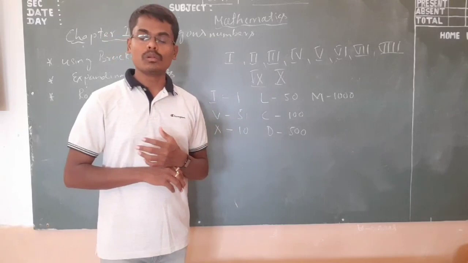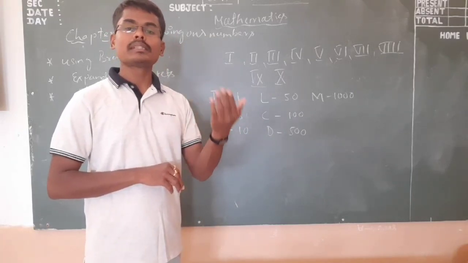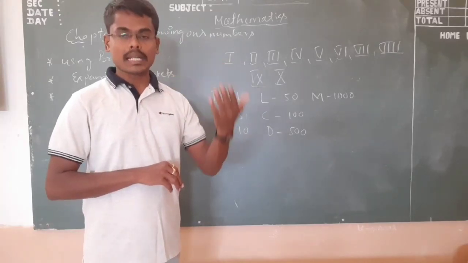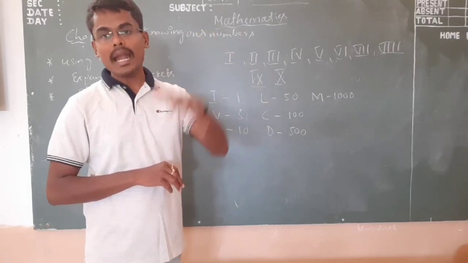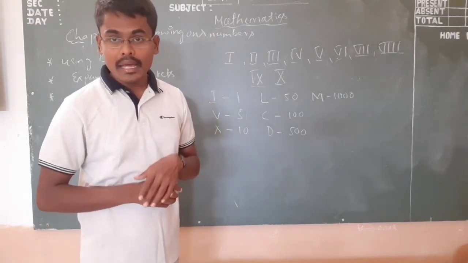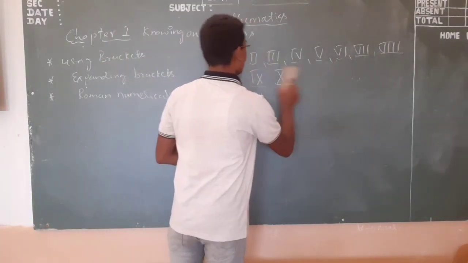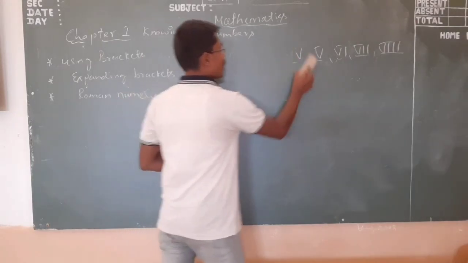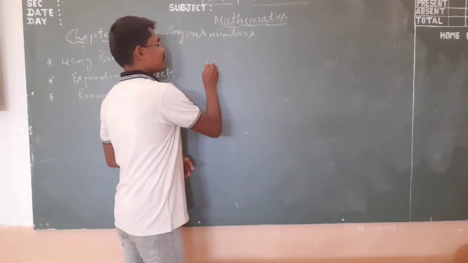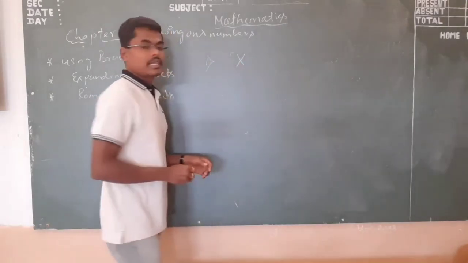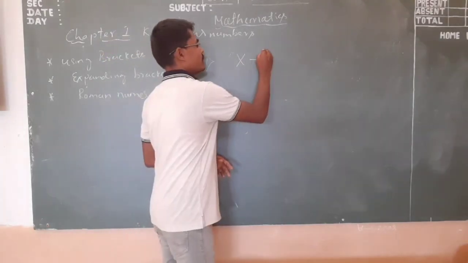The very first rule: the repetition of any Roman symbol gives a value that is added to itself. Now, how are we going to apply the first rule? We know that this X indicates the number 10.